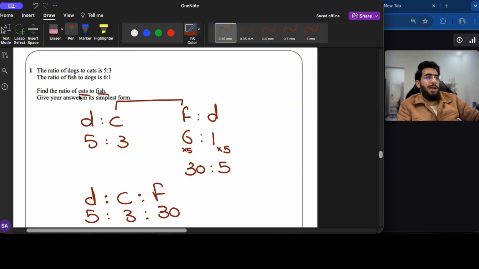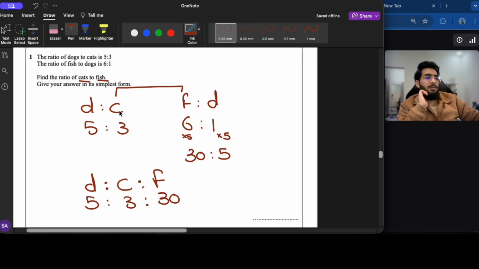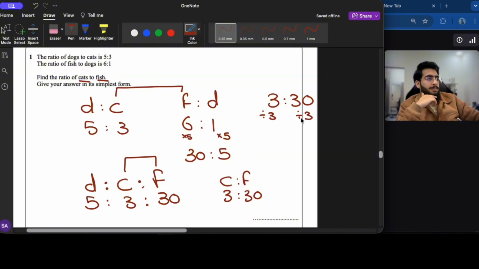Now, since I had to find the ratio between cat to fish, I can just take this relation. Cat ratio fish is 3 ratio 30, and they said that we have to write the answer in the simplest form. So 3 ratio 30, I can just divide by 3 on both sides. So it becomes 1 ratio 10, and that's the simplified version because we cannot simplify it further.